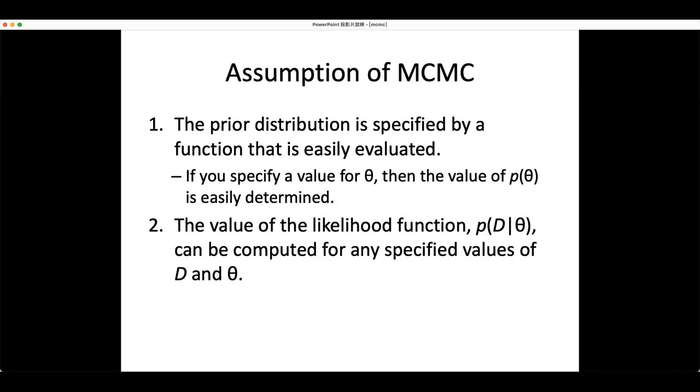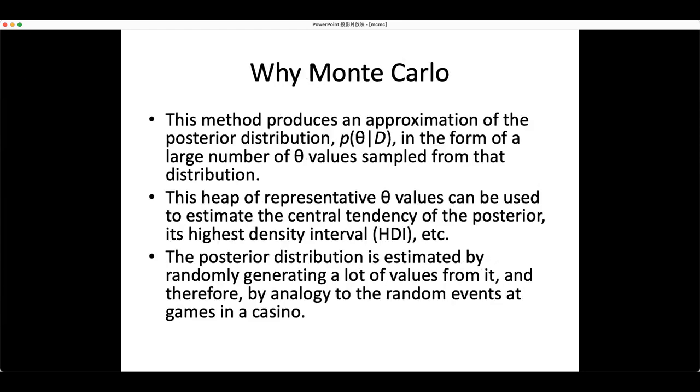For example, if you flip a coin, say theta is 0.5, the probability of coming up 3 straight heads can easily be calculated, right? So these two assumptions are very important.